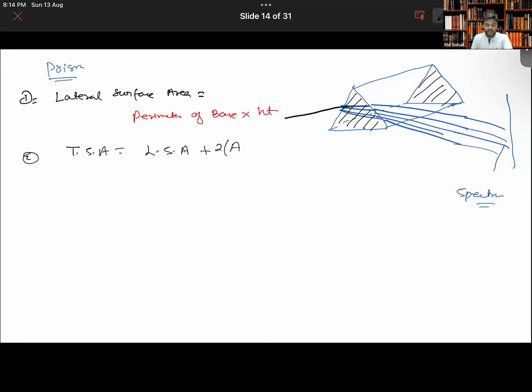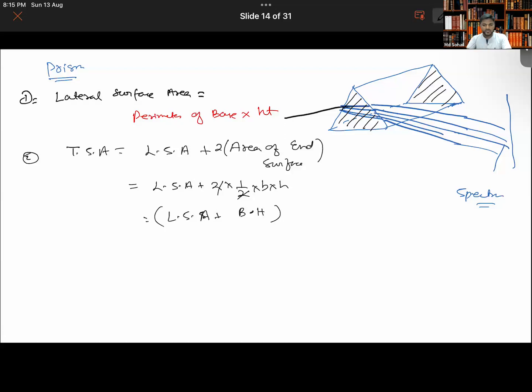Plus 2 multiplied by the area of end surfaces. So how do you calculate the area of end surfaces? Simply it's going to be half into base into height. So it's lateral surface area plus 2 into half into base into height. Okay, so that is the required formula.